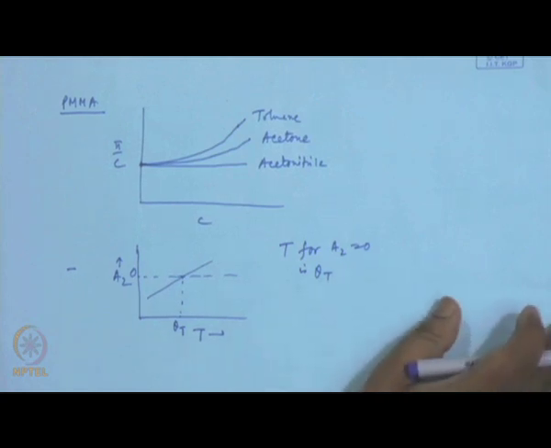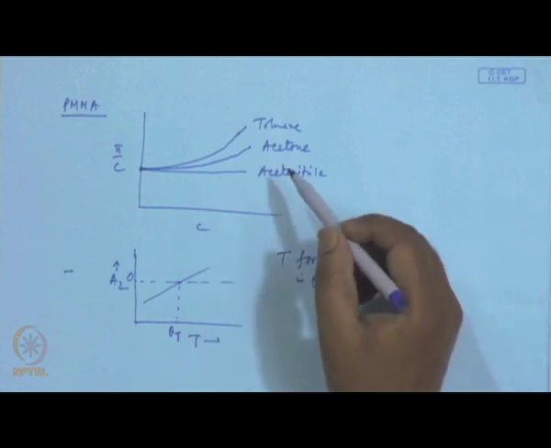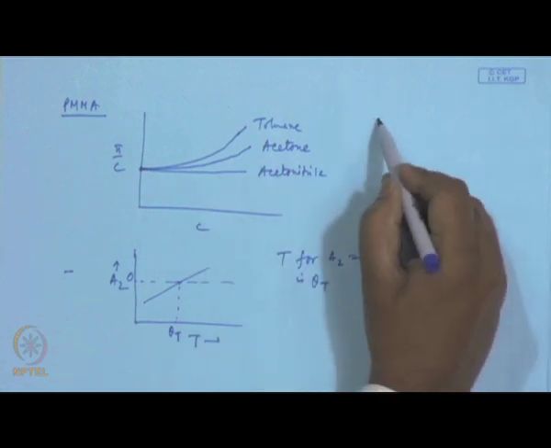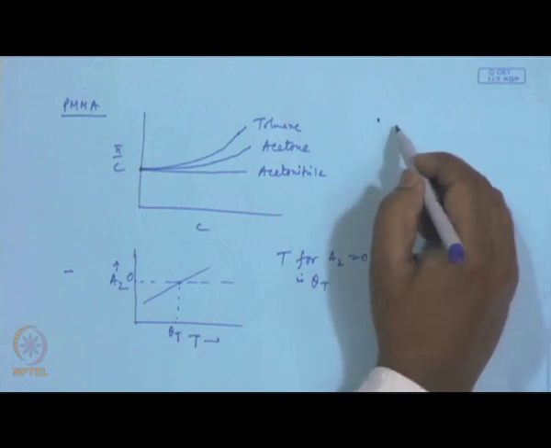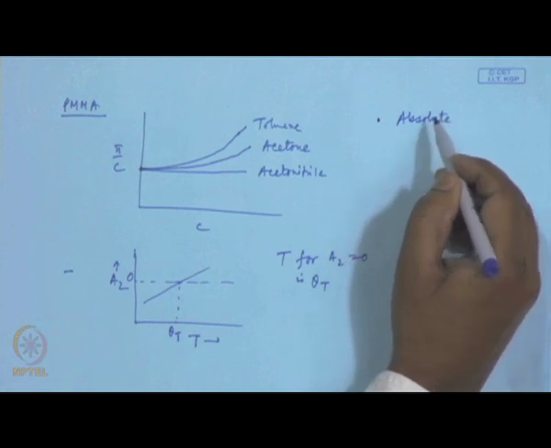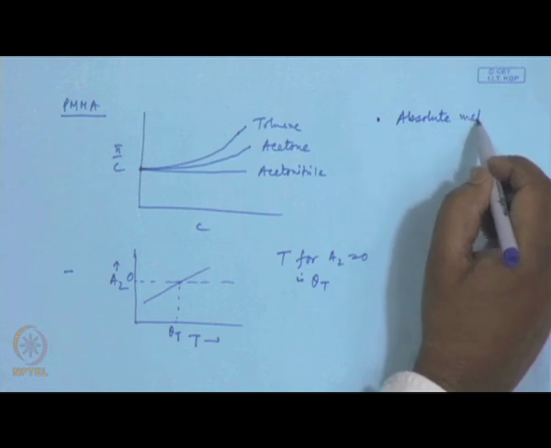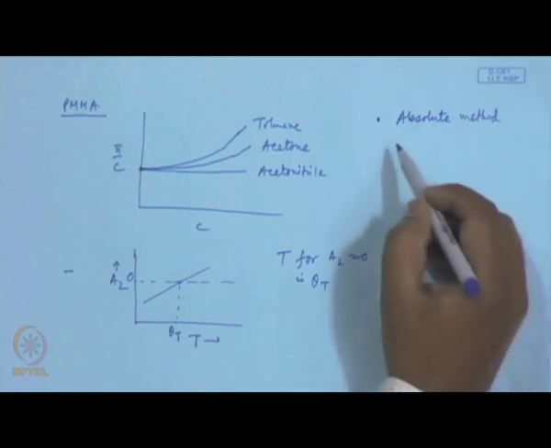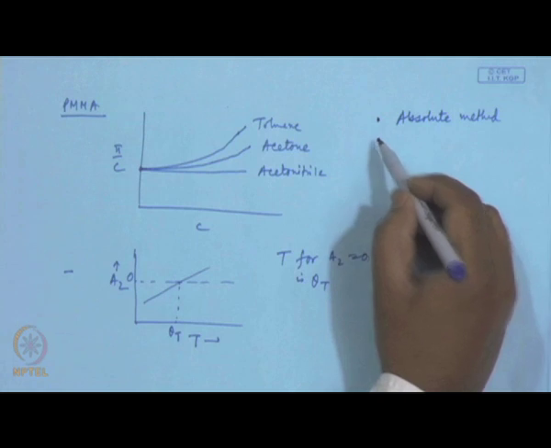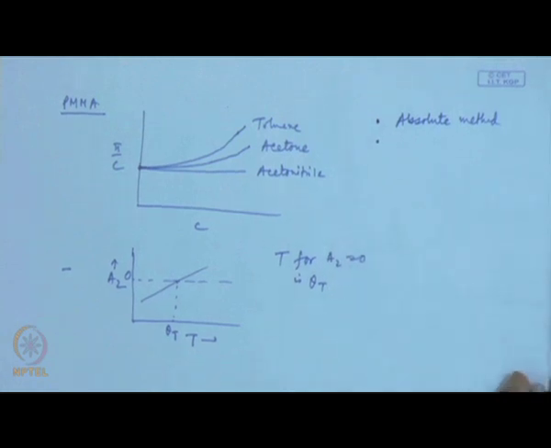What are the considerations we must keep in mind? As we can see, we do not require any calibration for this method. So, membrane osmometry is an absolute method. If you make a new polymer, you can get the number average molecular weight from first principles, without any calibration.